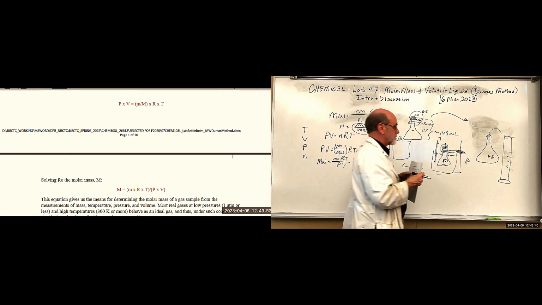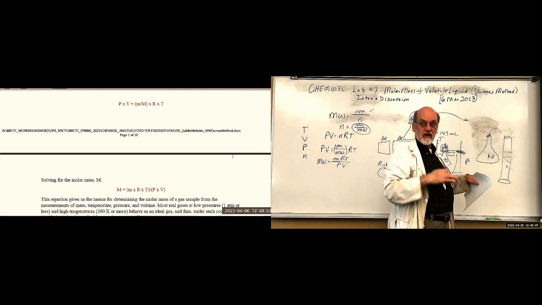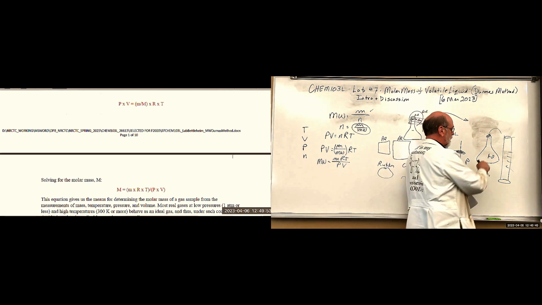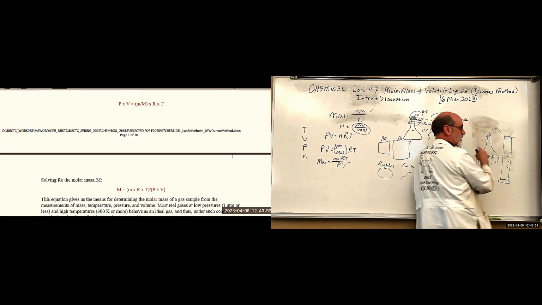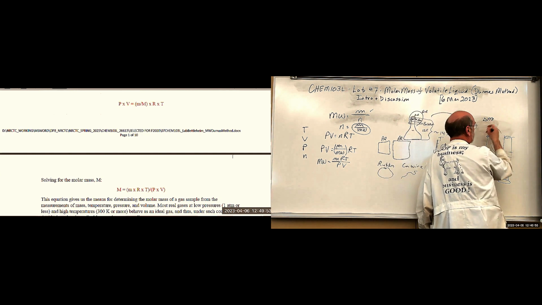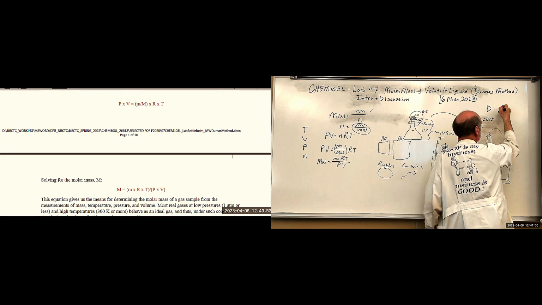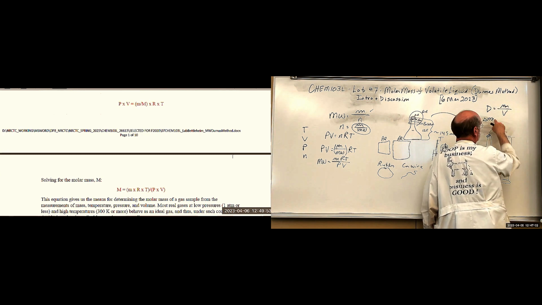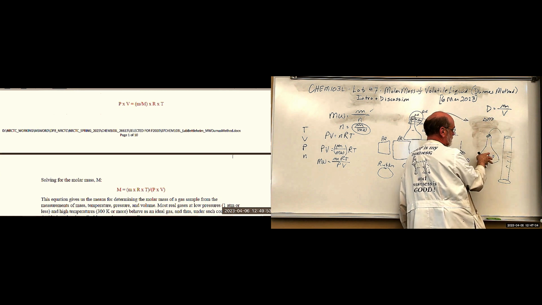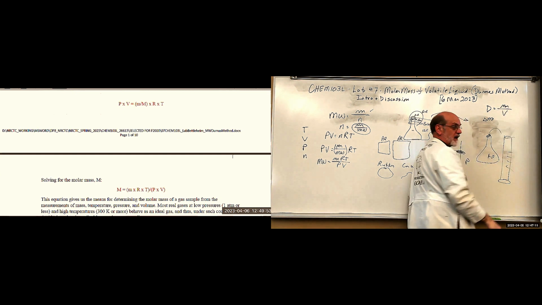The other way is get the mass of this flask before you add anything to it, just a dry flask. And then fill it up with water and get the mass again. So you can get the difference in mass, and you can use the density of water at that temperature, whatever the air temperature is good enough. The density, and you know the mass, you can calculate the volume.